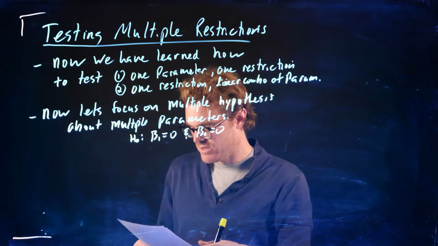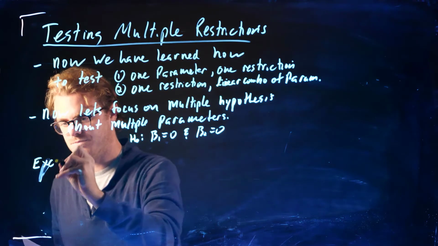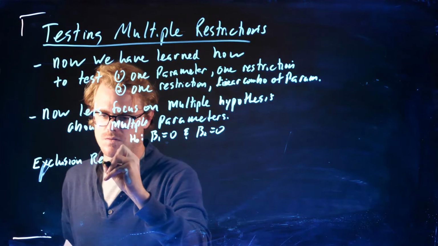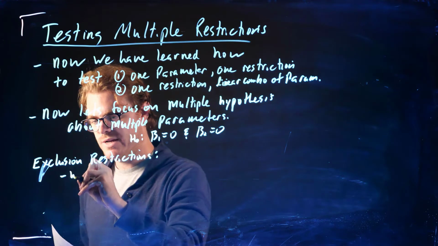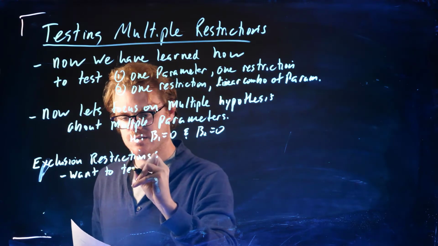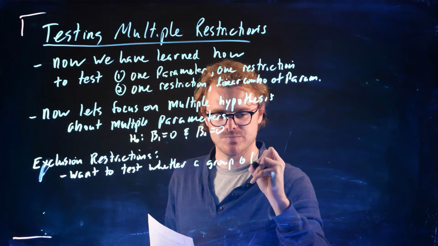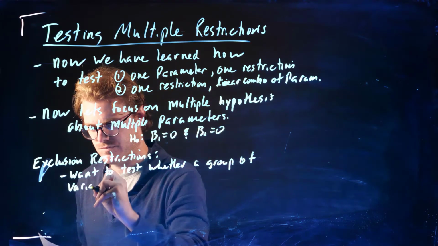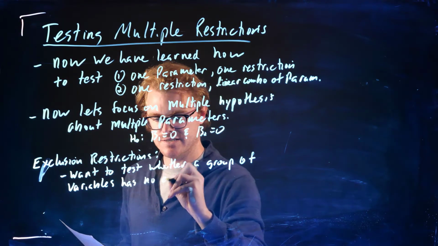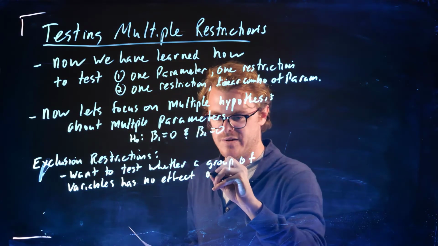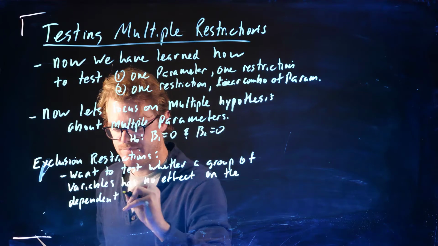All right, so let's talk about exclusion restrictions. So we want to test whether a group of variables has no effect on the dependent variable, or y.